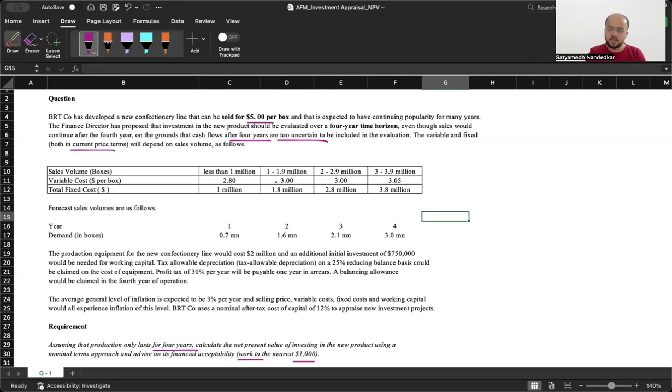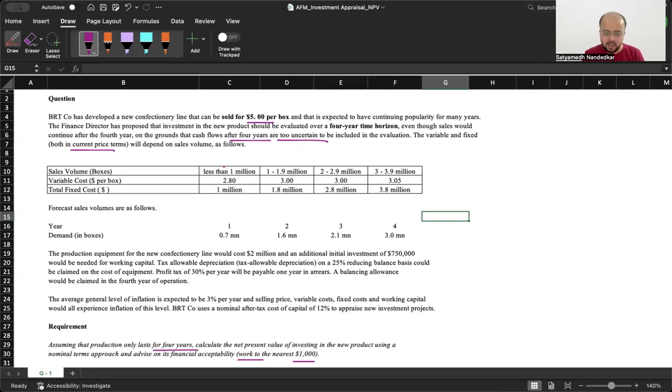If 1 to 1.9 million, variable cost per box is 3.0. If 2 to 2.9 million, variable cost is 3 per box. If 3 to 3.9 million, variable cost is 3.05 per box, which means year on year you will have to check what is the actual volume and then use the variable cost from this table.